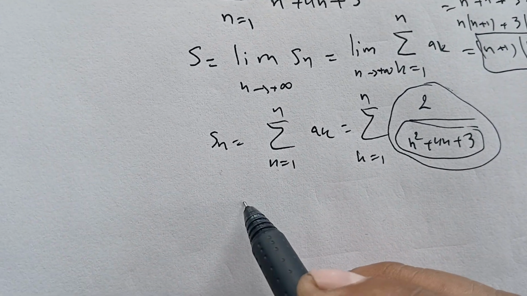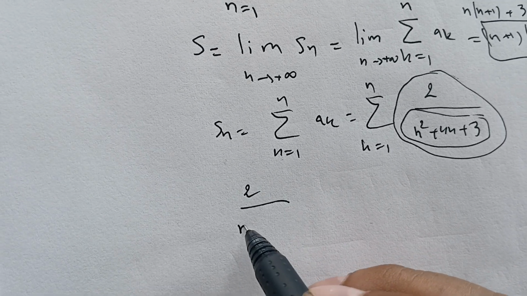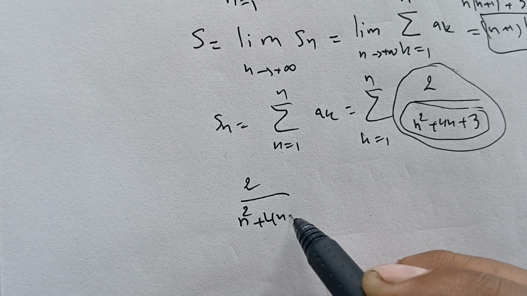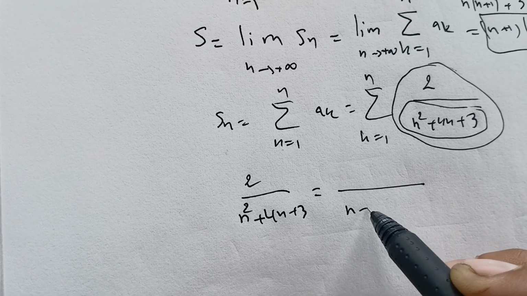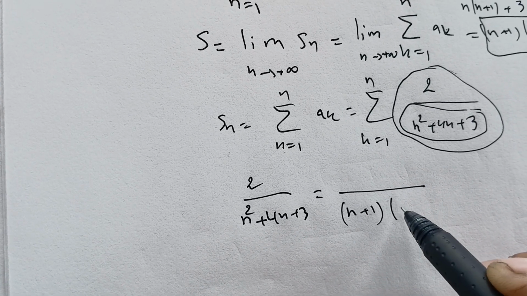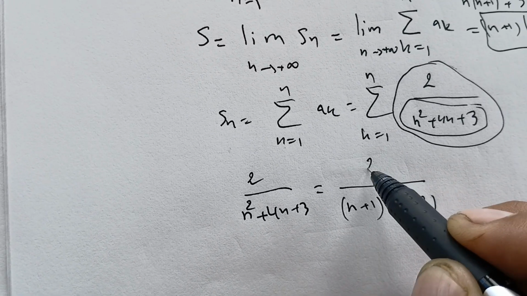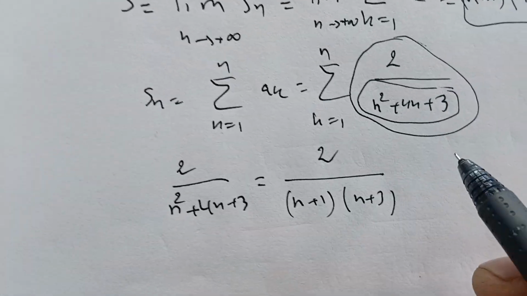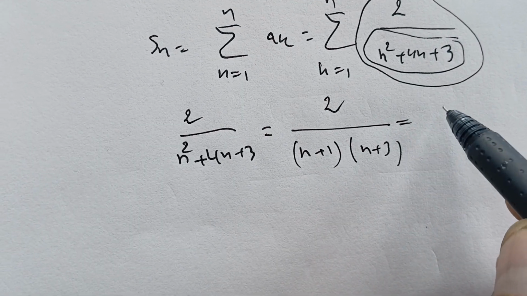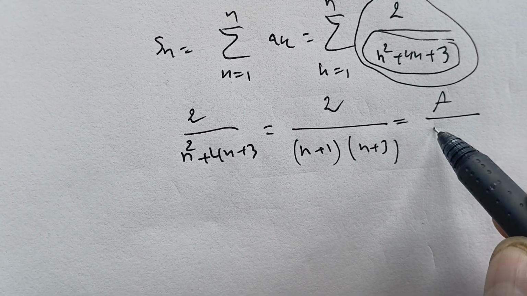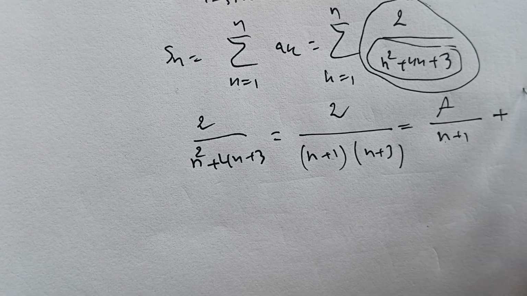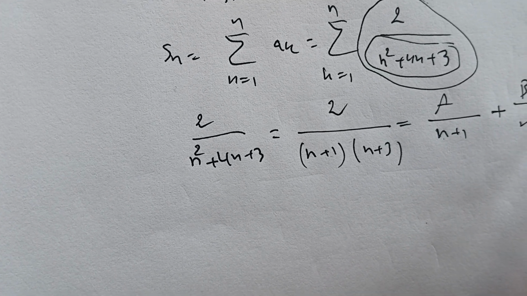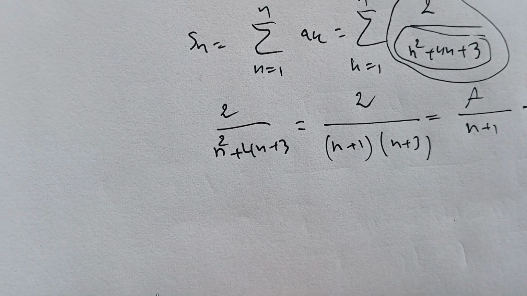So we have this 2 over k squared plus 4k plus 3, which can be written as 2 over k plus 1 times k plus 3. So using fractional decomposition, we can write this one as A over k plus 1 plus B over k plus 3.